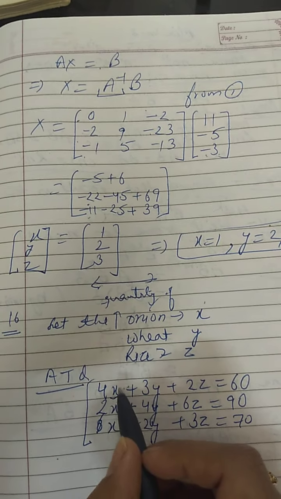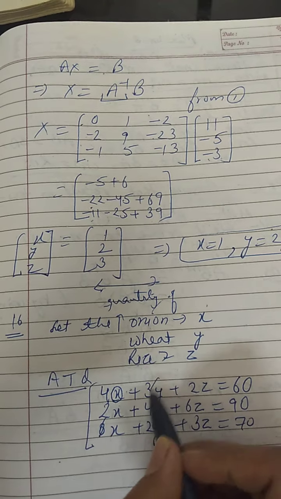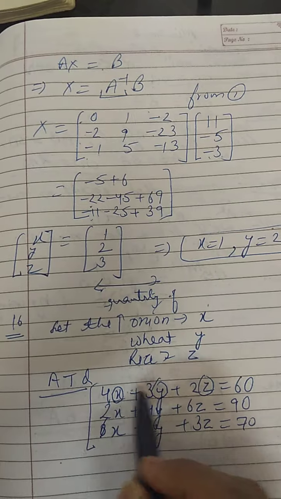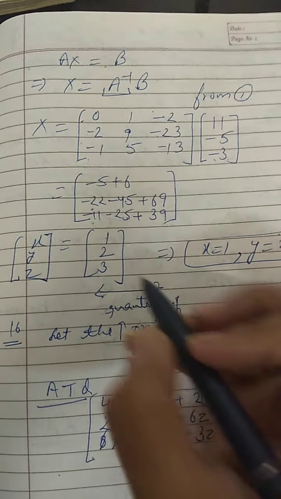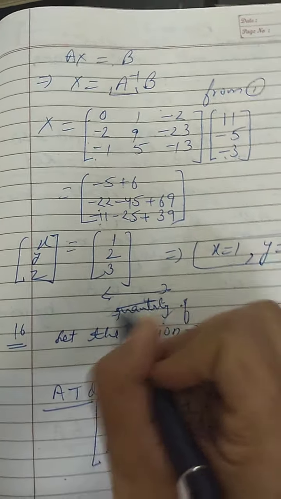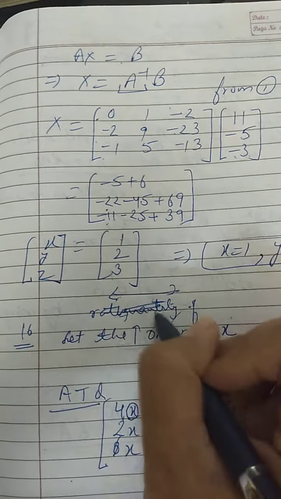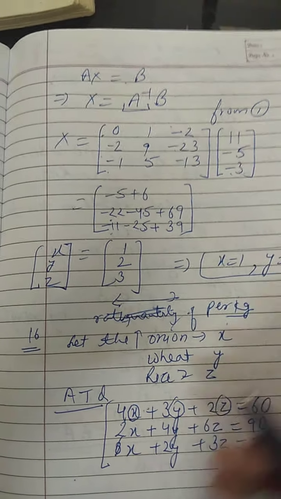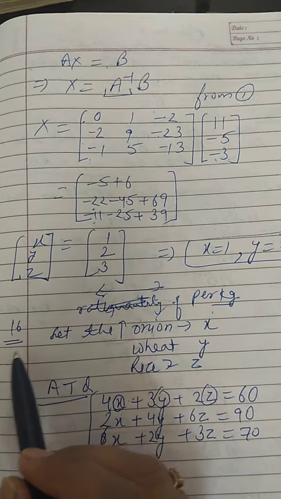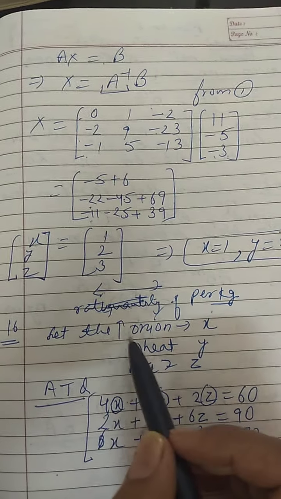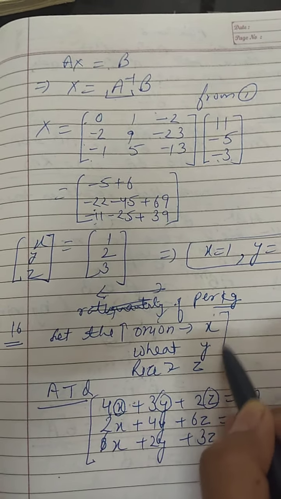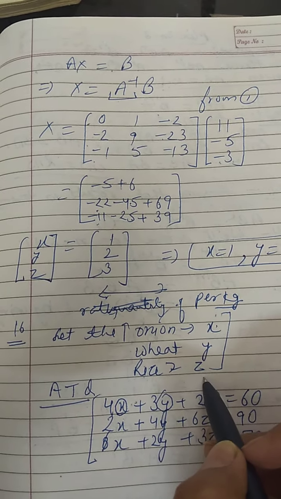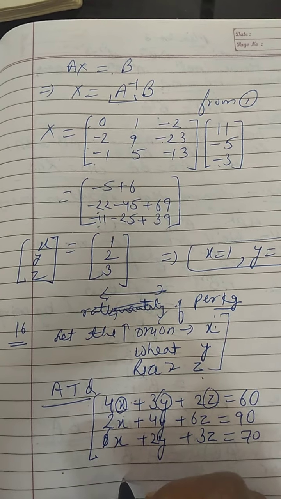That means we have to find X, Y and Z. So I'm making a correction here because we have to find the cost: we take XYZ as the cost per kg of onion, wheat and rice respectively.